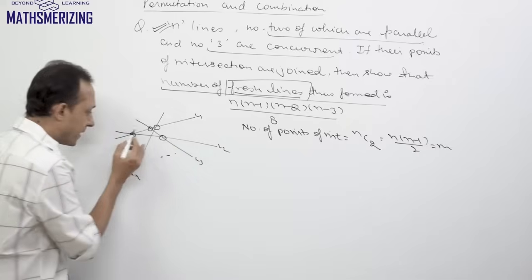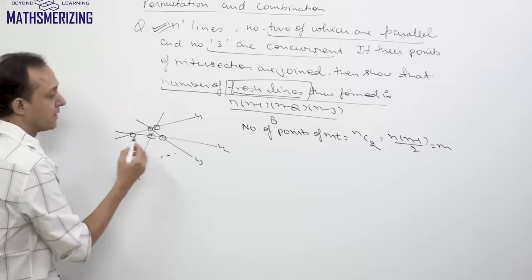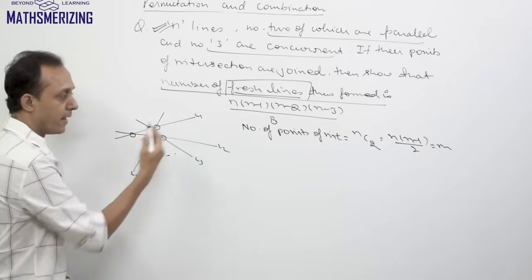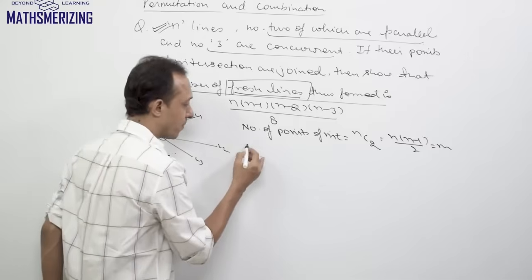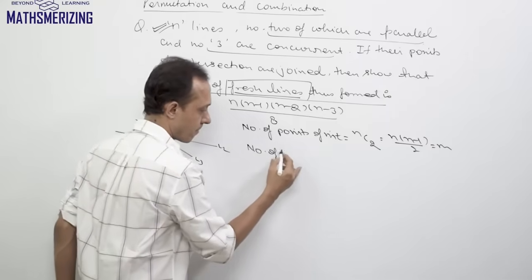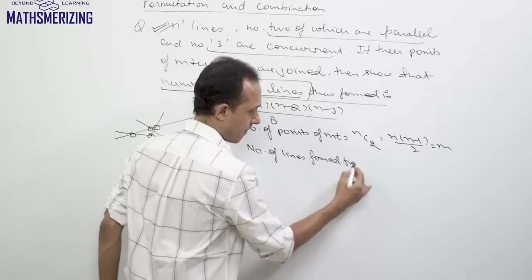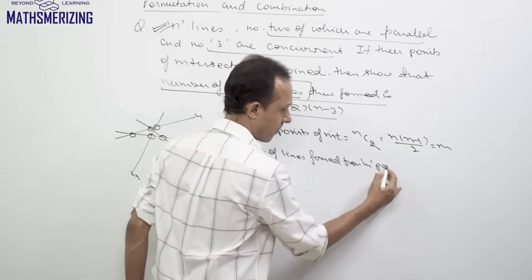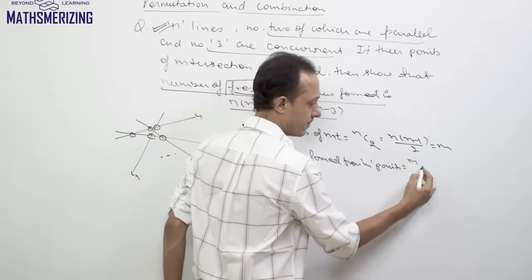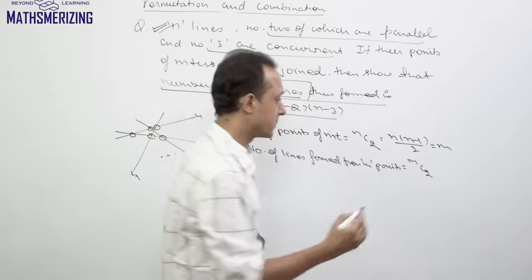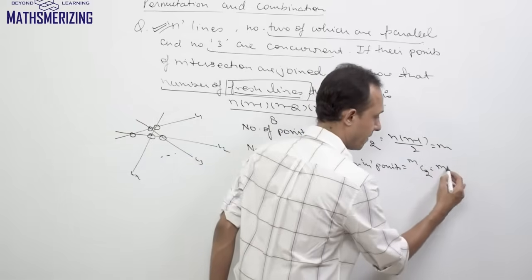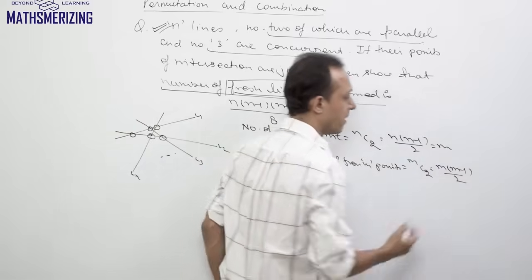Now if I take these m points and start joining them, then the number of lines that can be formed is simply mC2, which is m(m minus 1)/2.